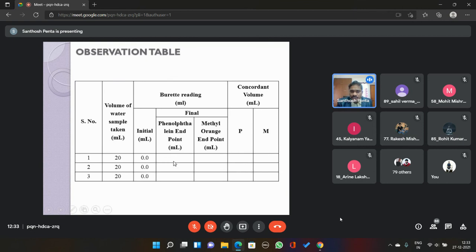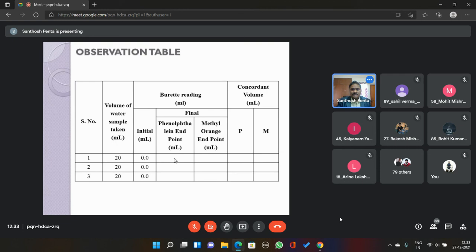Here, let us assume that it is 15. You note down 15. Then to the same solution, don't throw the solution away. In continuation, to the same conical flask, add 1 or 2 drops of methyl orange indicator. Then the solution turns light yellow.